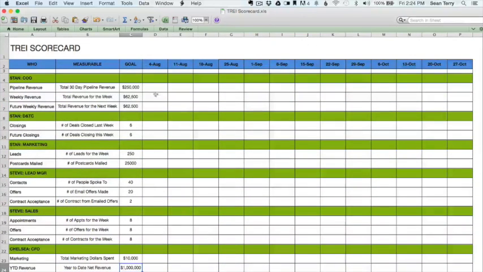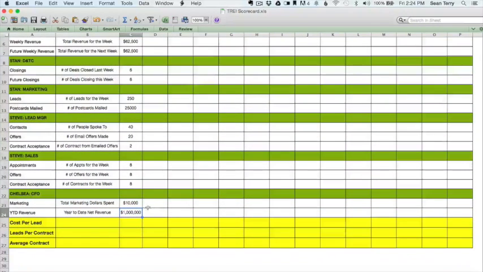And then every Monday we meet with our team, like I told you, at 9:30 to 11, and everybody reports on their numbers, and then it will calculate a cost per lead, right? And you can have your goal cost per lead. You have your cost per lead, your leads per contract. How many leads did you get per contract? And what's your average contract size? And what this will do is it'll all calculate and bring it over in an average amount so you can understand exactly where your business is on a weekly basis.